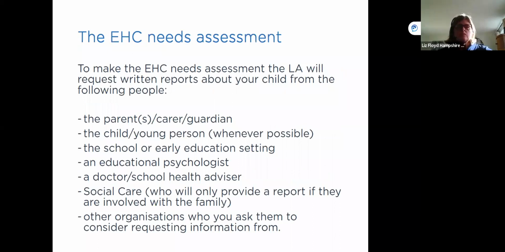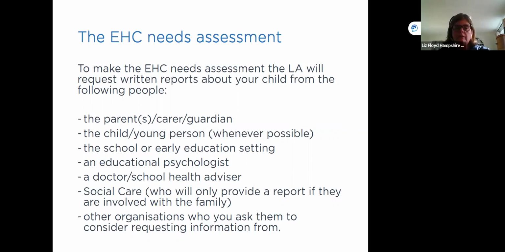Okay, so if they agree to do the assessment and the assessment's underway, they will write to you to tell you so, and they will start gathering information for the assessment. And that information covers information from yourselves as parents, information wherever possible from the child or young person, and obviously each child or young person might have their own needs.